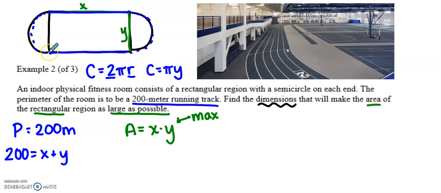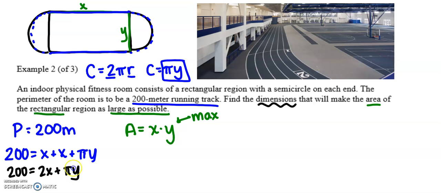So I have a half of a circle and another half of a circle, which puts me together for one circle, which would be, I said y there, that should be x. That's going to be equal to pi times y. So 200 is equal to 2x plus one full circle, right? 2 half circles put together is one full circle.